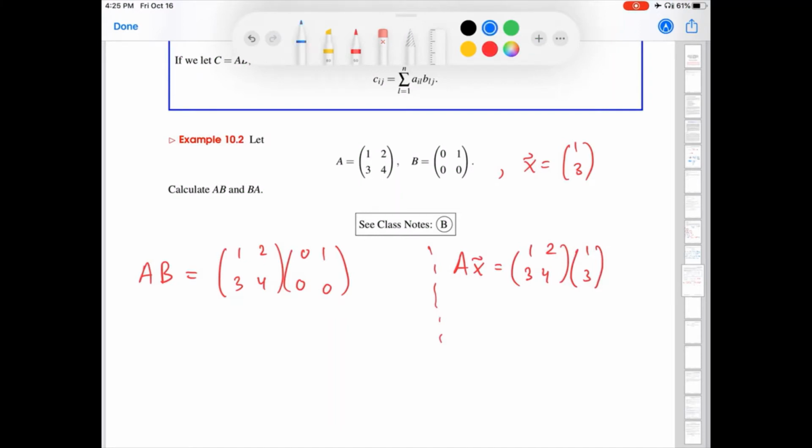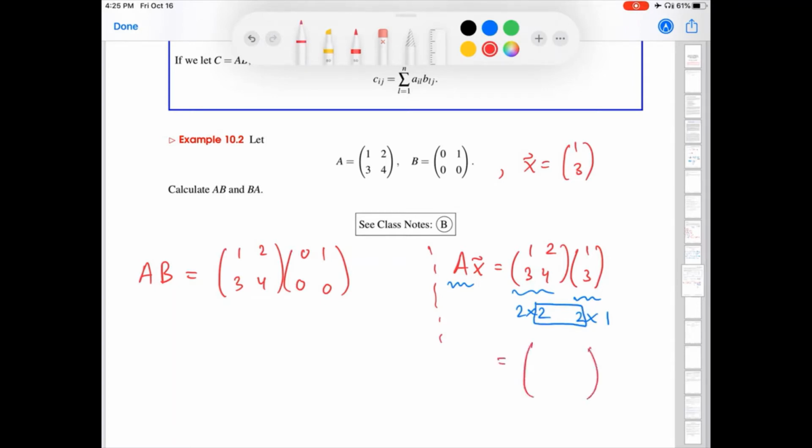Remember that we first have to check that all of the sizing matches up. A is a 2 by 2 matrix, and X is a vector, so it's got only one column, but this one has 2 rows. To multiply a matrix times a vector, these numbers have to match. Why? Because remember how we actually do this product.